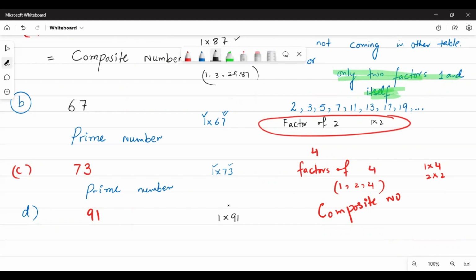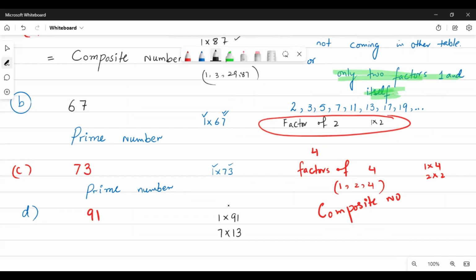Then we will try with other numbers. Is 91 divisible by 3? 9 plus 1 is 10? No. Is 91 divisible by 4? No. Is 91 divisible by 7? Yes. 91 is divisible by 7. 7 times 13 is 91. If you know the table, with the help of the table also you can quickly say that this number is coming in this table. So 13 sevens are 91.